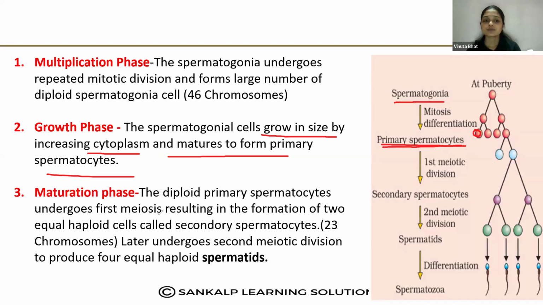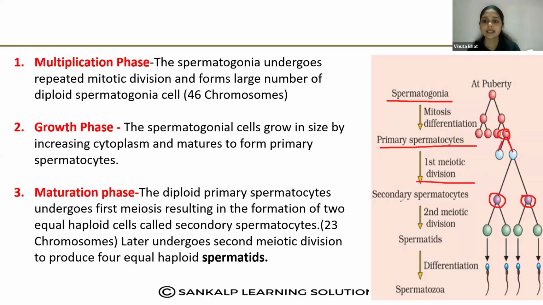Then the spermatocytes undergo the maturation phase. The spermatogonia are diploid, and the primary spermatocytes are also diploid, which undergo the first meiotic division and form two secondary spermatocytes.